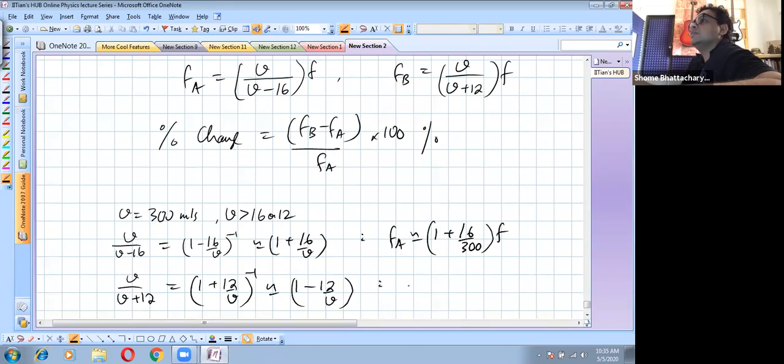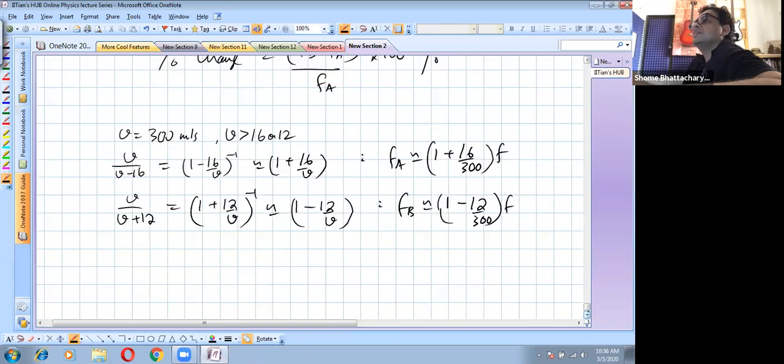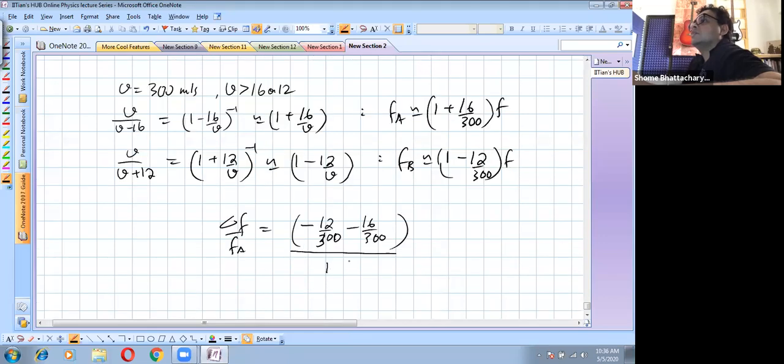So the frequency at B is (1 minus 12 by 300) times F. So the percentage change becomes minus of 12 by 300 minus 16 by 300, divided by 1 plus 16 by 300.